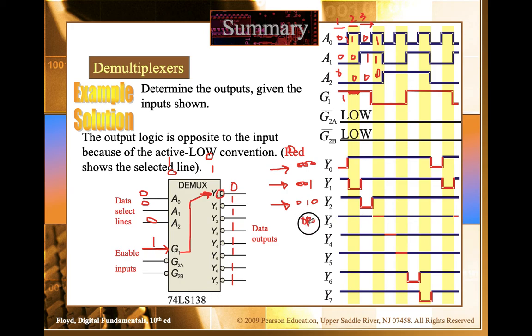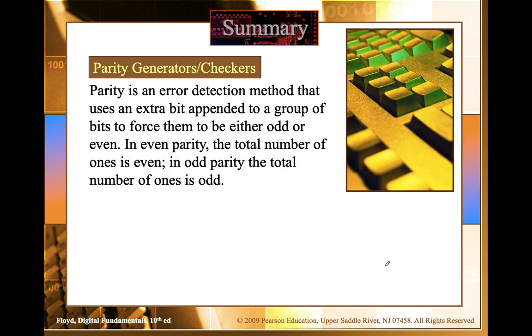It's 0 0 1 1. 3 is 0 1 1. So 0 1 1 means y3 will be selected. What is the data? The data is 0, so meaning the opposite, 1 will be generated here. As you can see, it will continue to be 1. So this is how it is. If you don't understand this, I will explain this further in the class.